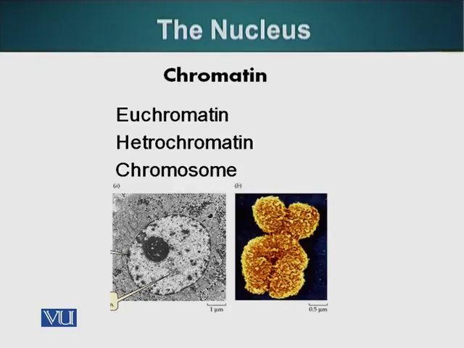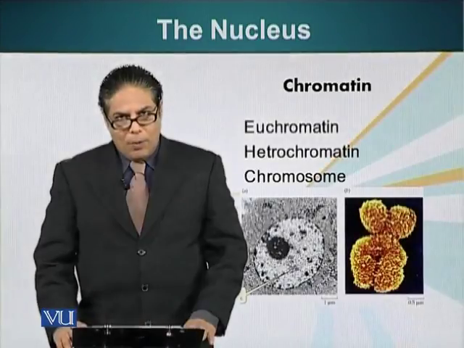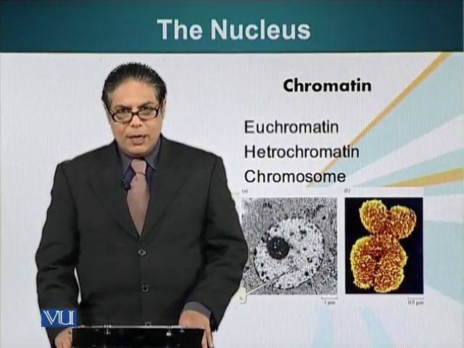We will talk about chromosomes in a later lecture, but these chromosomes are basically made up of DNA and protein, special type of protein molecules called histones. The DNA is wrapped tightly around the histone molecules. We will talk about this in a subsequent module.